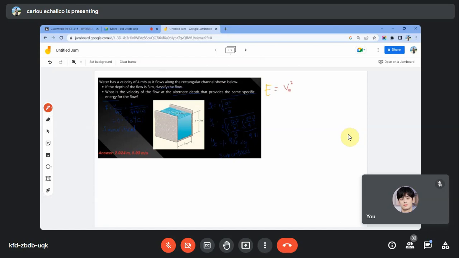That is just V squared over 2g plus the depth, no? So ang velocity na to is 4 squared over 2 times 9.81 plus ang depth na to is 3.